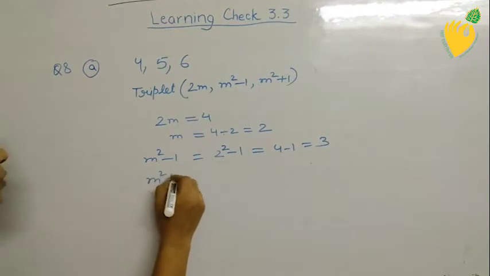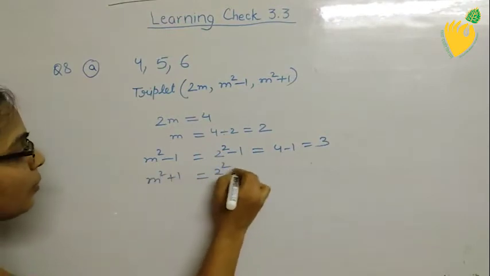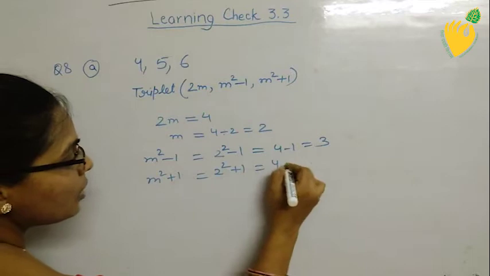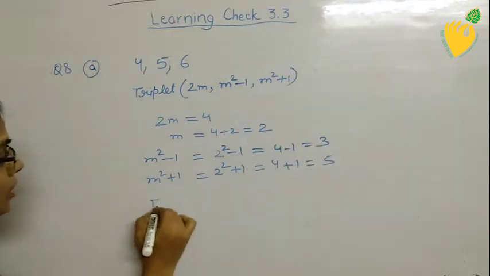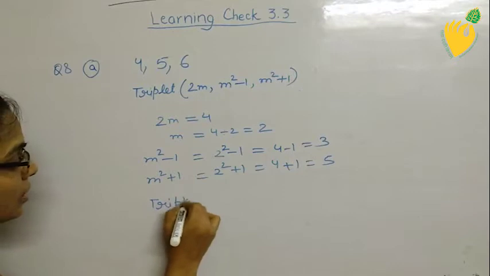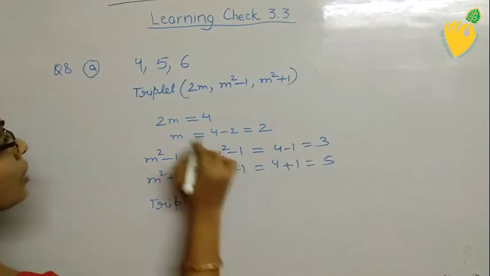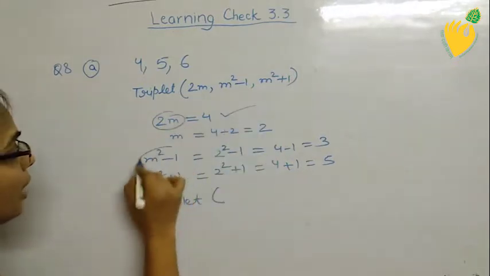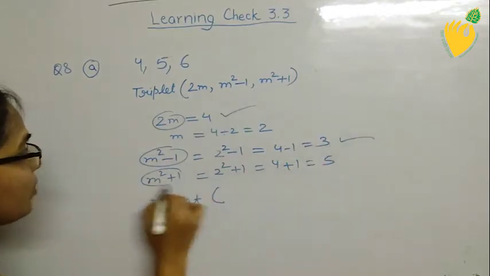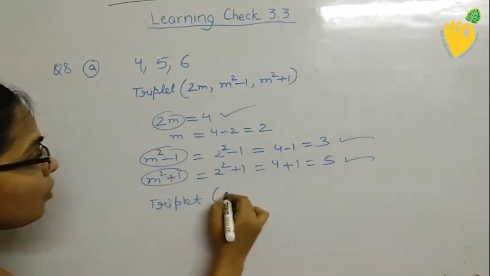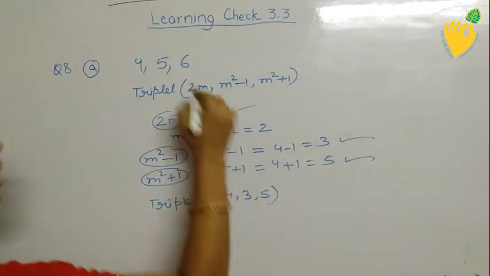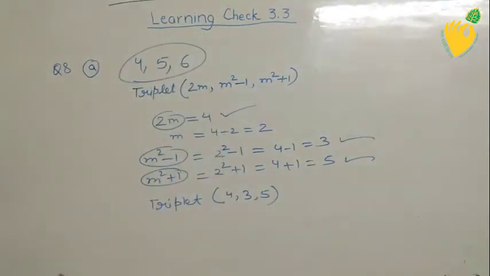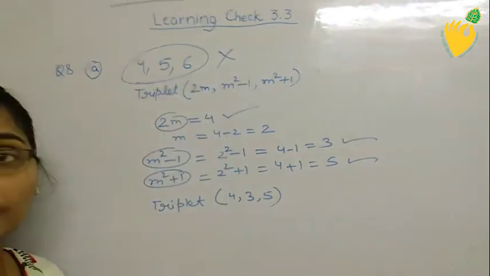And m squared plus 1 equals 2 squared plus 1 equals 4 plus 1 equals 5. Our triplet will be, students, 2m, that is 4, m squared minus 1 is 3 and m squared plus 1 is 5. So you will write 4, 3 and 5, and here it is given to you 4, 5, 6, which is not a triplet.